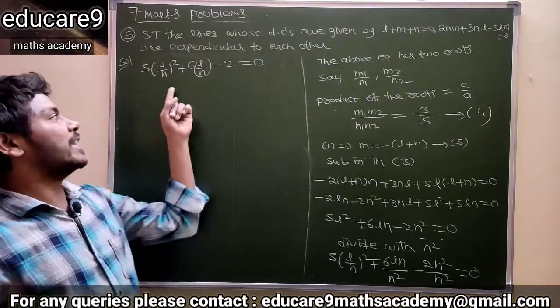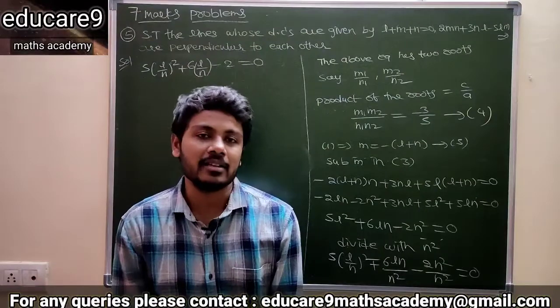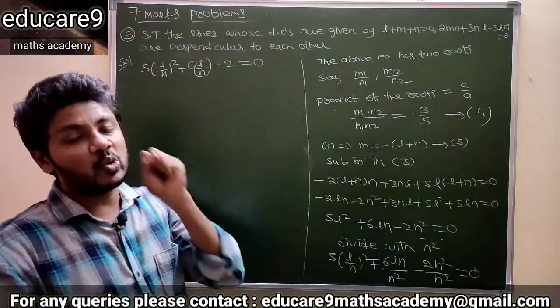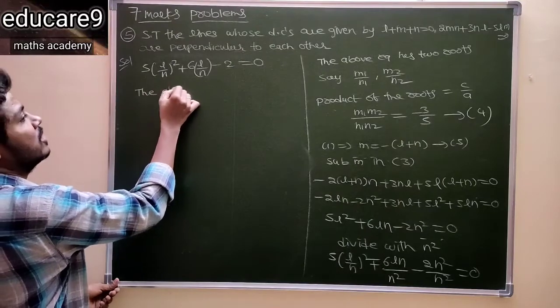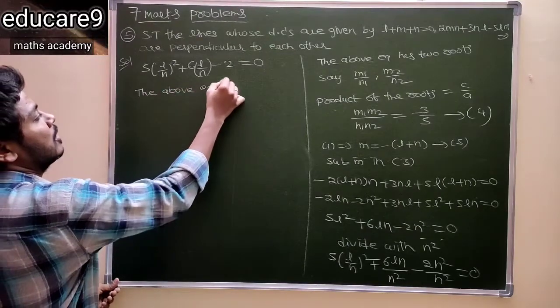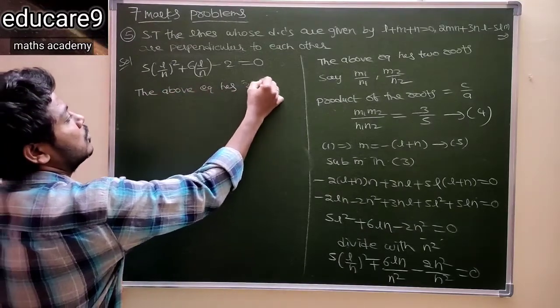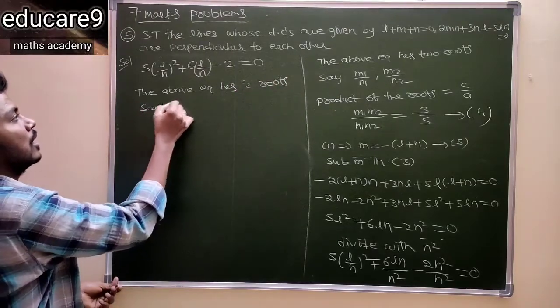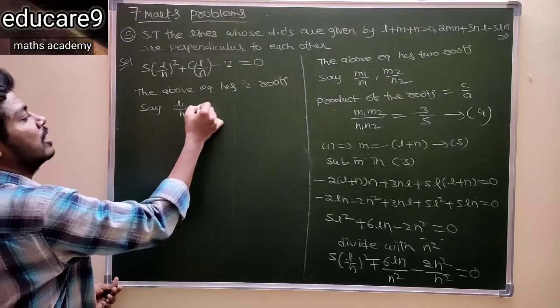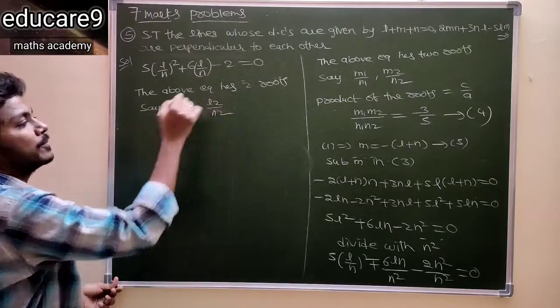Again this is a quadratic equation in terms of l by n. So this equation has two roots, say l1 by n1 comma l2 by n2.